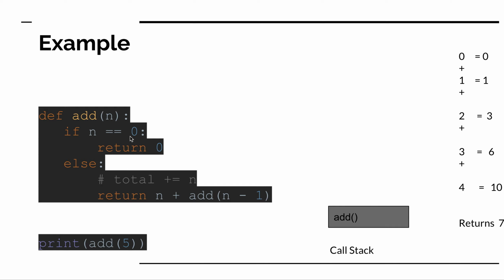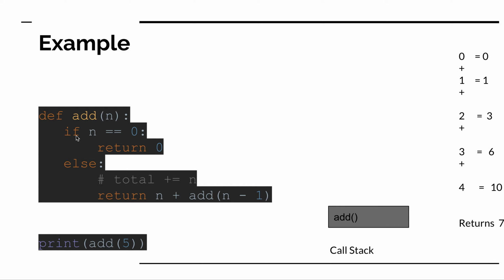If n is equal to 0, then return 0. At the moment it is not 0, so it comes to the else part and returns n plus add n minus 1. This is the recursion. As per the definition we saw, a function calls itself until it reaches the base condition to come out.